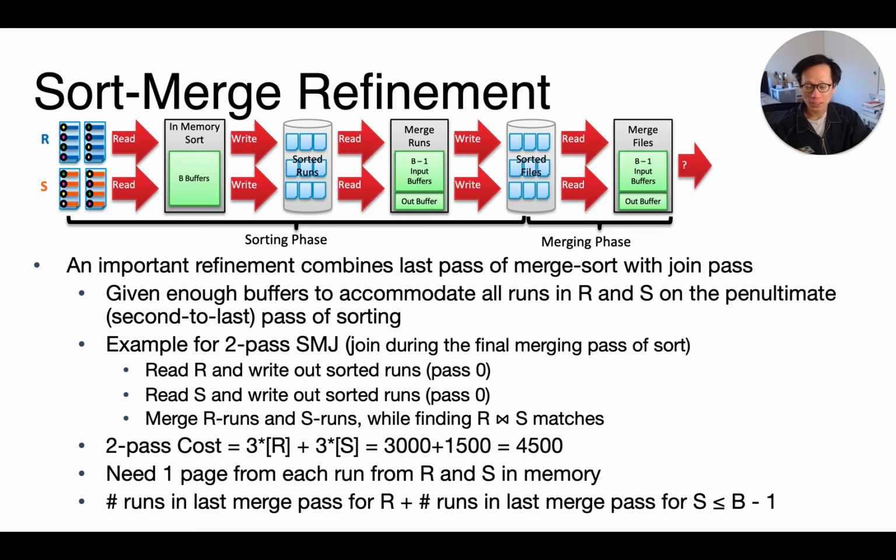But in this case, however, we need to have at least one page from each of the runs right before R and S are fully sorted in memory, as otherwise we won't know which run to read next during the merge phase. In other words, we need the number of runs in the last merge pass for R and S to be at most B minus 1.